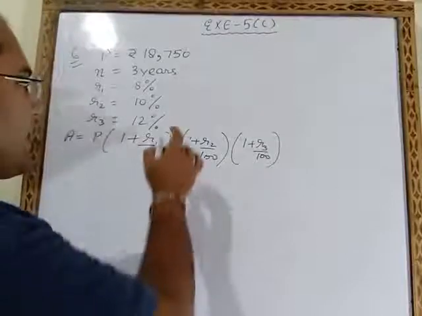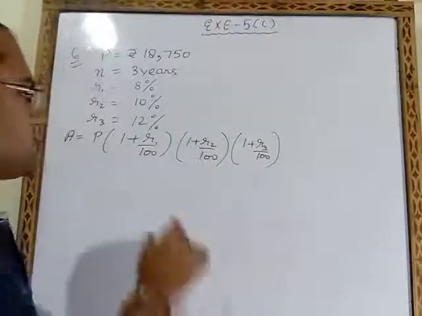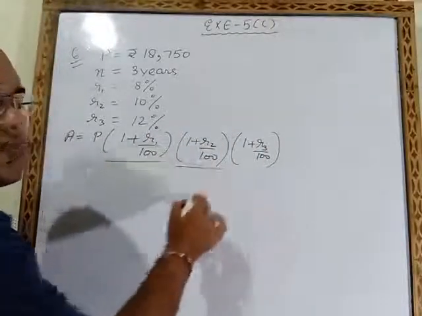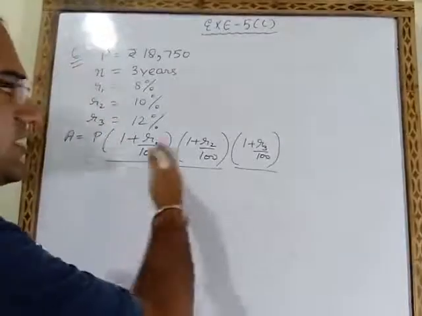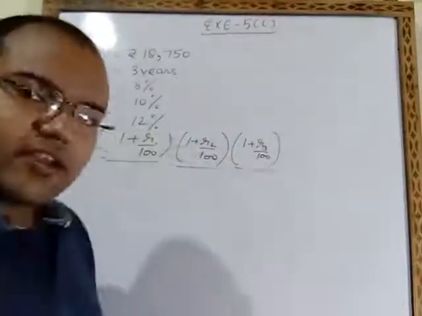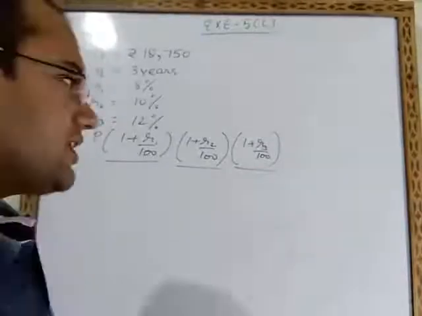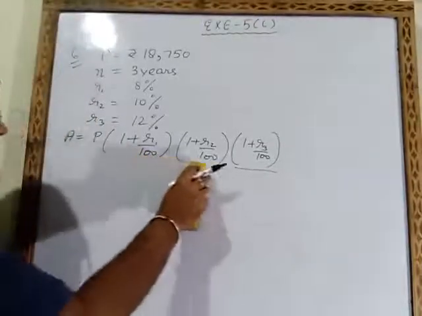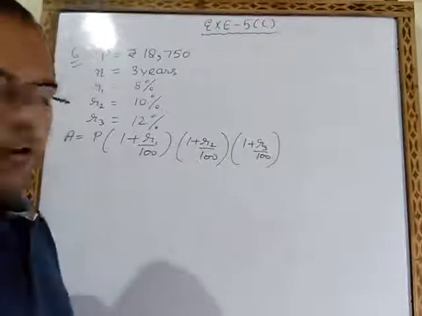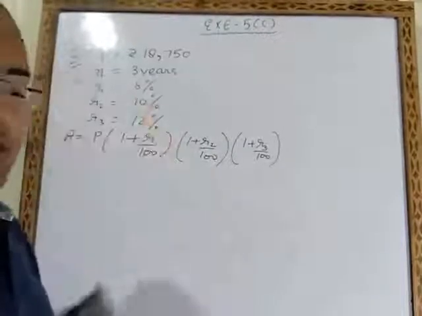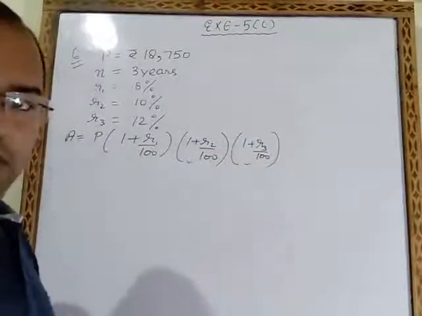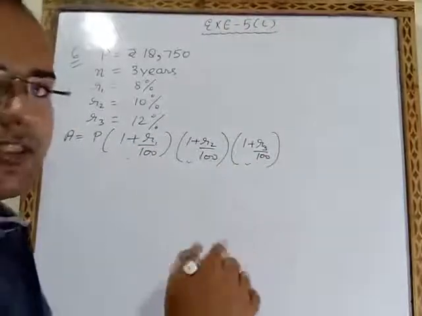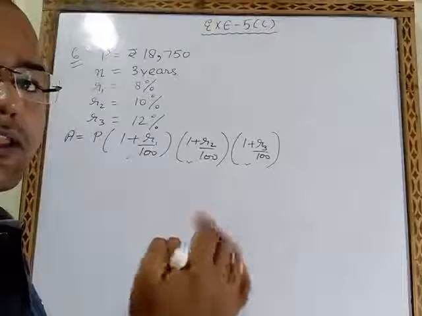And time n we will not take because this works for 1 year, this also works for 1 year and this also works for 1 year. ये फर्स्ट ईयर है, ये सेकेंड ईयर है और ये थर्ड ईयर है. तो तीनों ईयर्स आपके ओवर हो जाते हैं. So no need to take n, क्योंकि question में n की वैल्यू कितनी थी 3. तो 1 ईयर यहाँ ओवर हो जाएगा, 1 ईयर यहाँ ओवर हो जाएगा और 1 ईयर यहाँ हो जाएगा. तो टोटल will be 3 years. तो ये ऑटोमेटिक कितने हो गए हैं? 3 ईयर्स हो गए हैं.